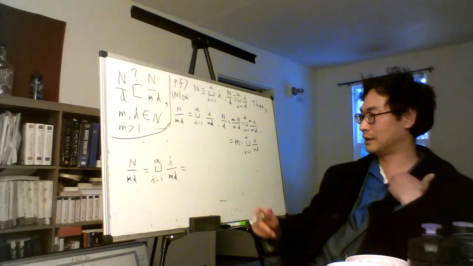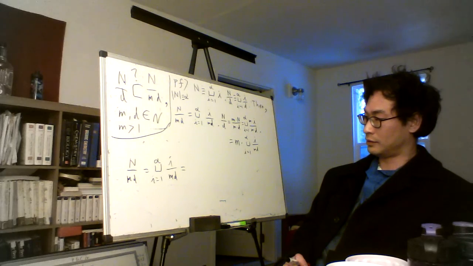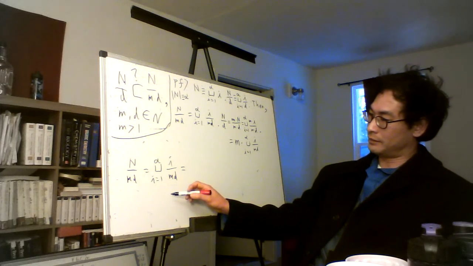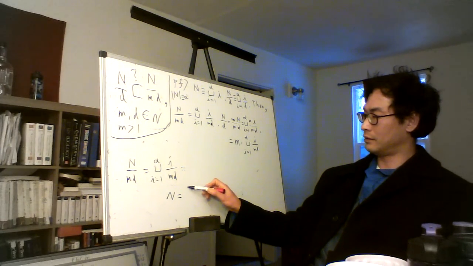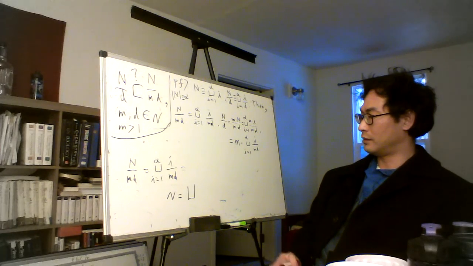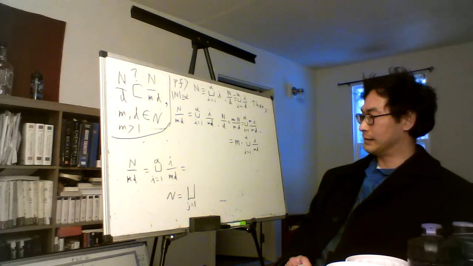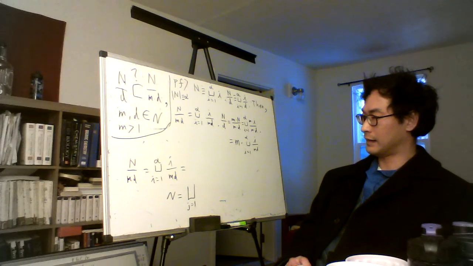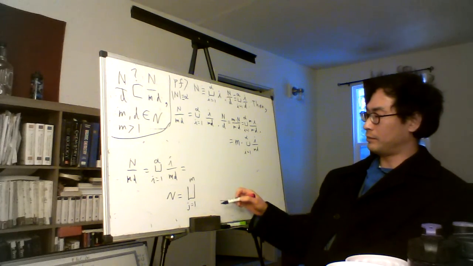So n is the union of, let's say, j from 1 to m.